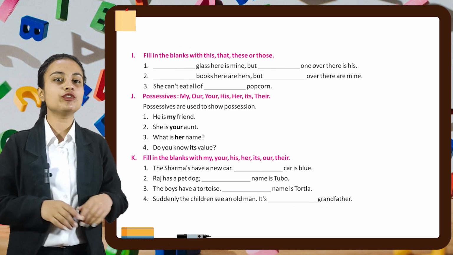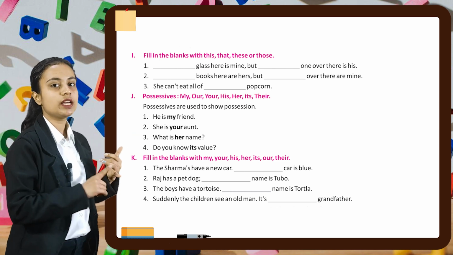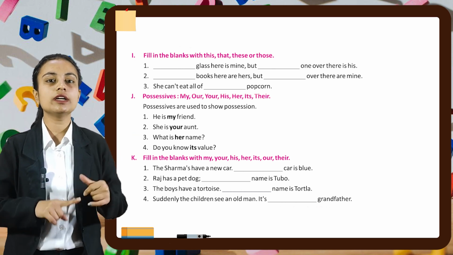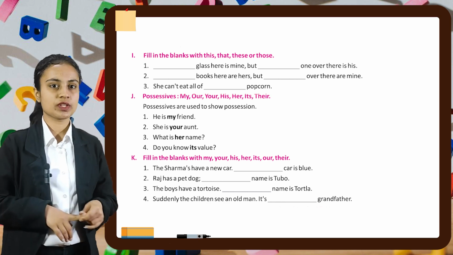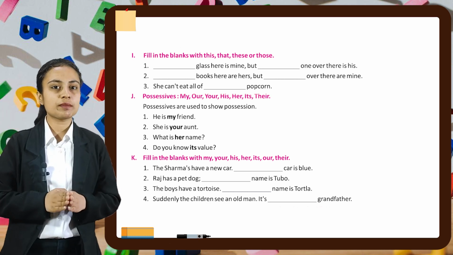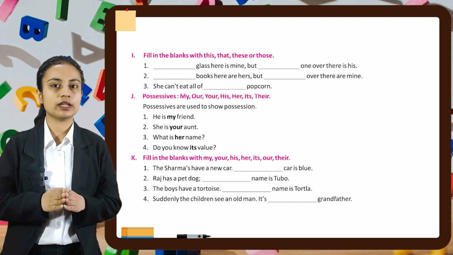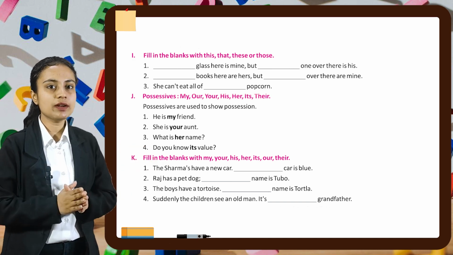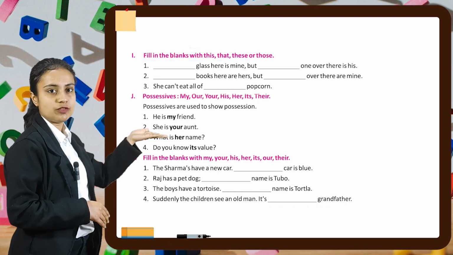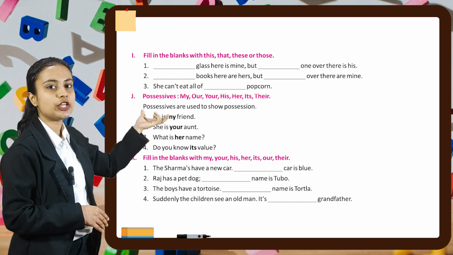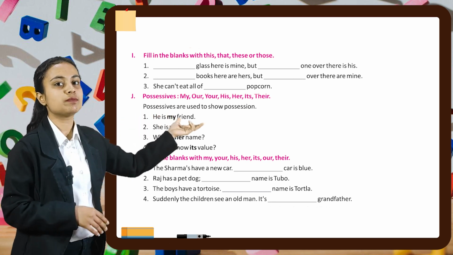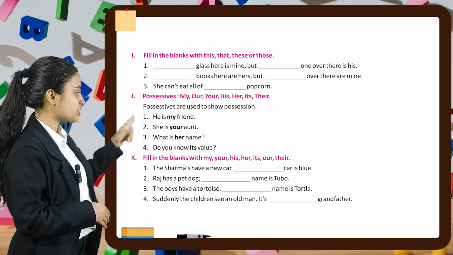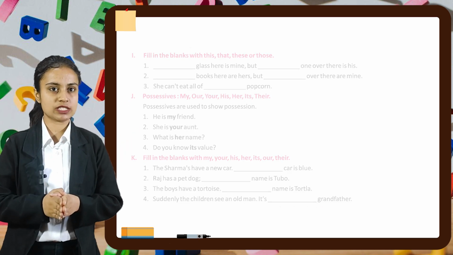In this, we have to fill in the blanks with my, your, his, her, its, our, their. First part is the Sharmas have a new car. Dash car is blue. So we are talking about their car. So the sentence would be, the Sharmas have a new car. Their car is blue. In this way, you have to do the rest of the parts of this exercise by yourself.